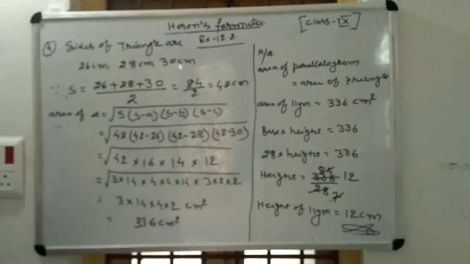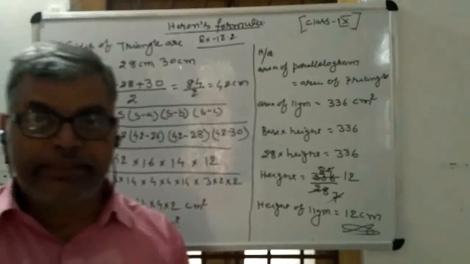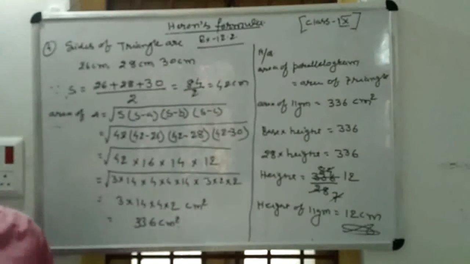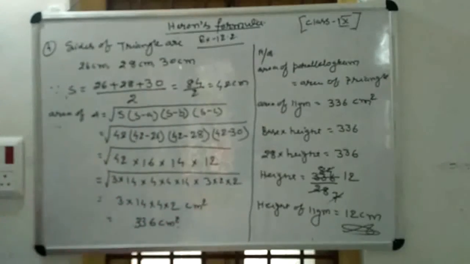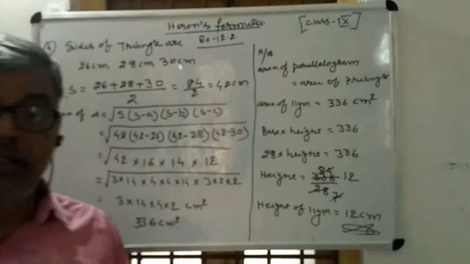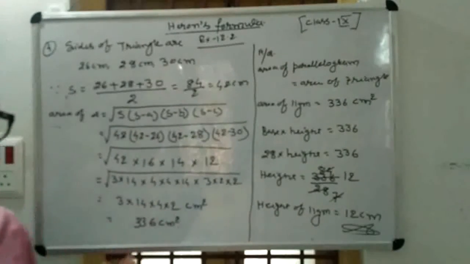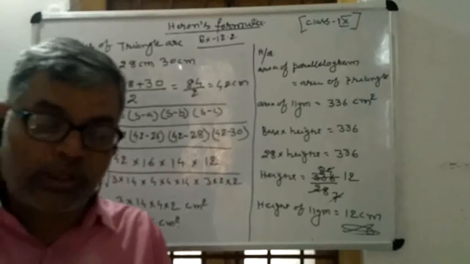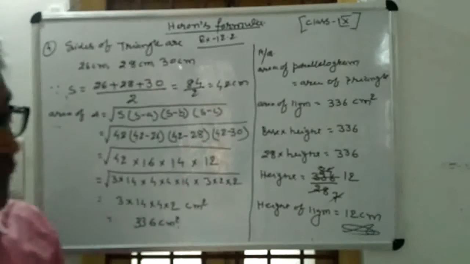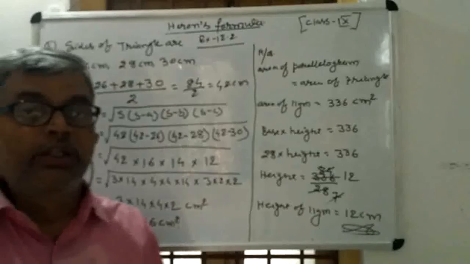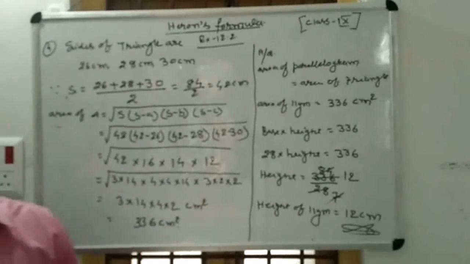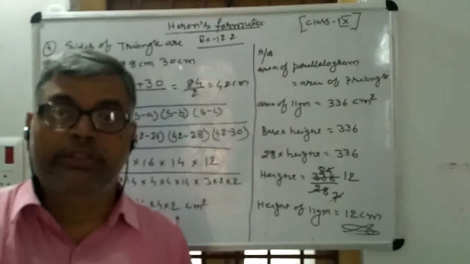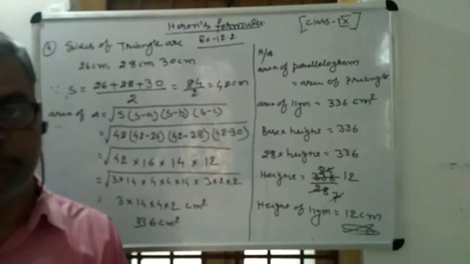So children, this question was saying that there is a triangle and a parallelogram having the same area. The area of the triangle is equal to the area of the parallelogram. And the parallelogram stands on the side 28 centimeter. Now the question was asking to calculate the corresponding height of the parallelogram.